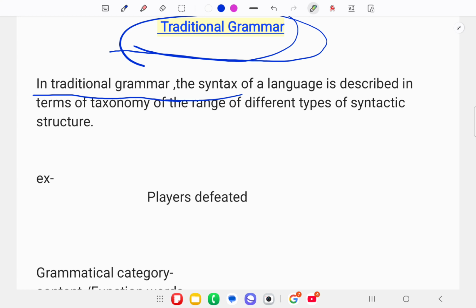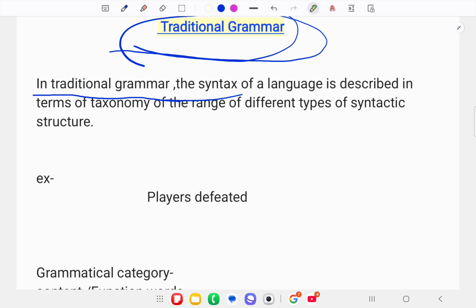It means that in traditional grammar, the phrases and sentences are built up of a series of constituents, meaning a series of syntactic units, and each of the units belongs to a specific grammatical category.